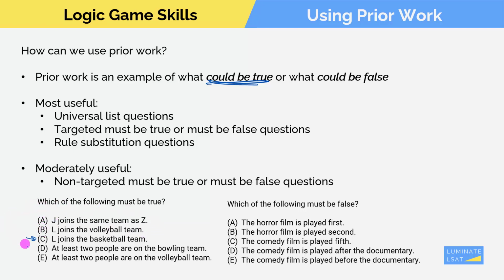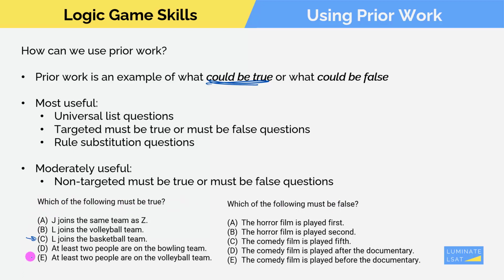They'll look through all their prior work, and they'll see L's not going to be on the volleyball team, and then they'll remember, oh yeah, there was this inference about L joining the basketball team, and that's when they'll pick it. So on individual questions, using prior work and checking back for every single answer could actually just get in the way when you already can see the deduction that the question is testing. That's when using prior work is not that useful on a must be true or a must be false question.